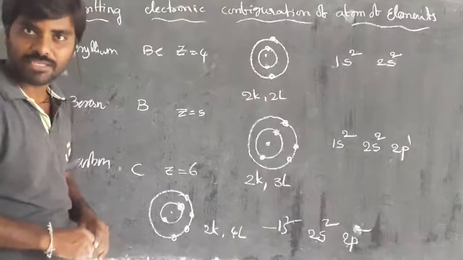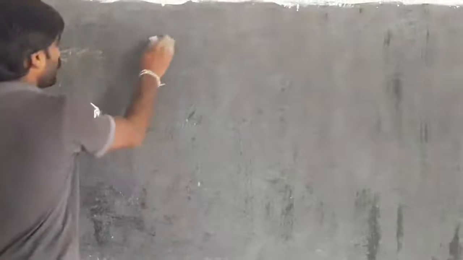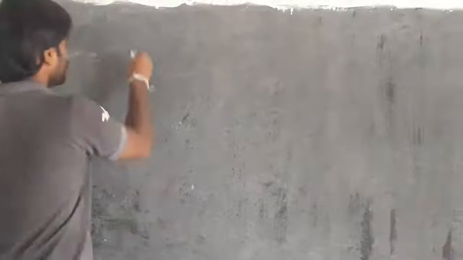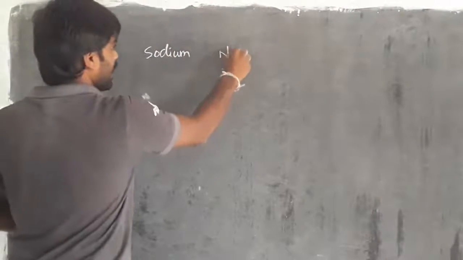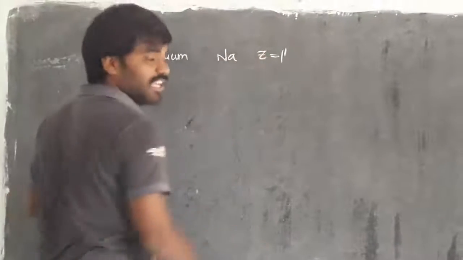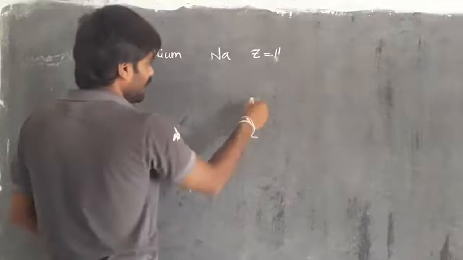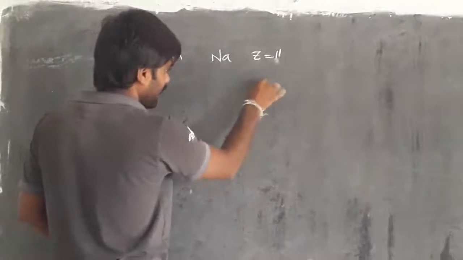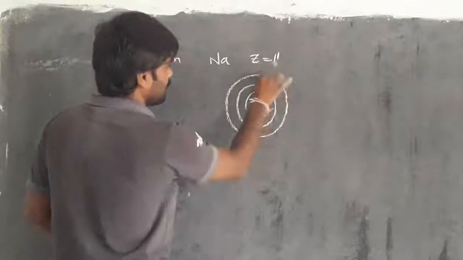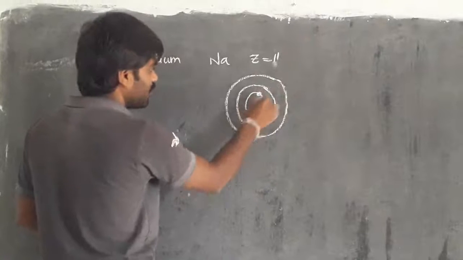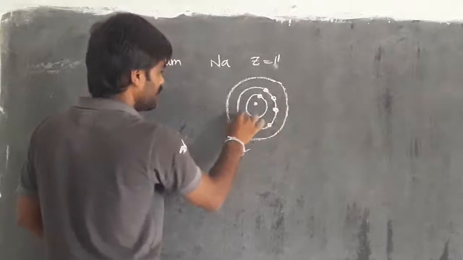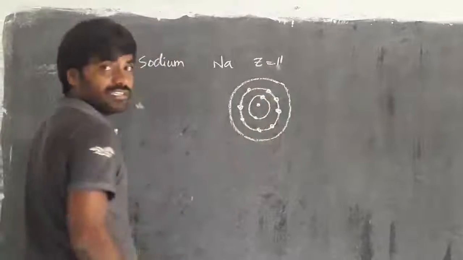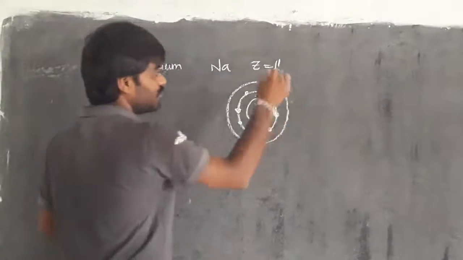Have you got clarity? Understood? Let us discuss one more element, sodium. The symbol is Na, the atomic number is 11. In 9th class, we wrote it like this: in the first shell 2 electrons, in the second shell 8 electrons, then one more electron in the third shell.